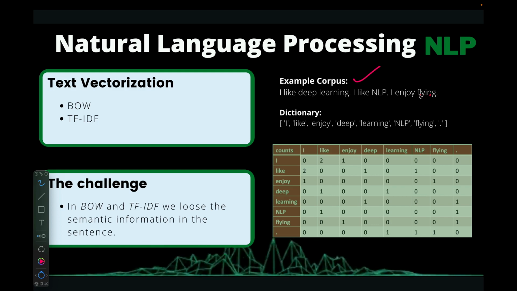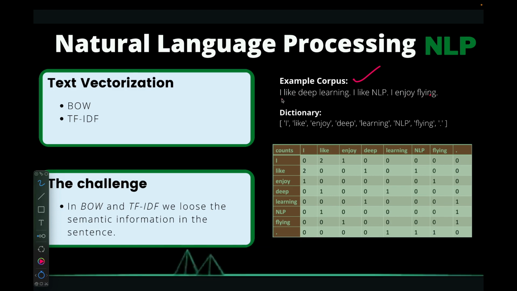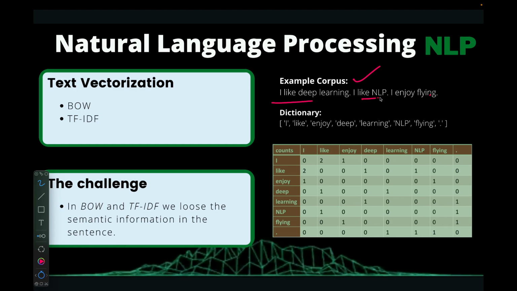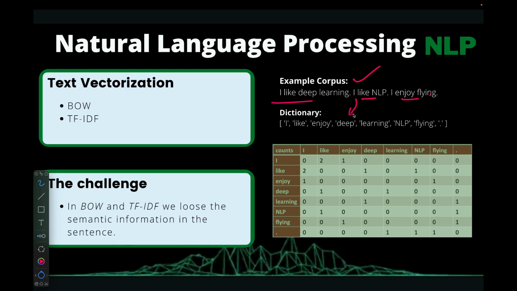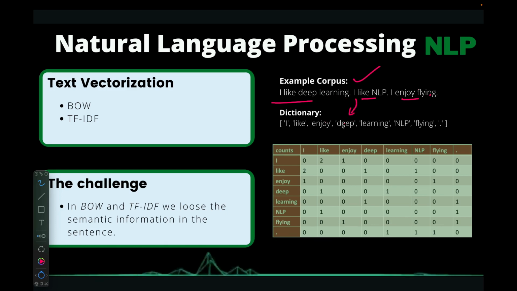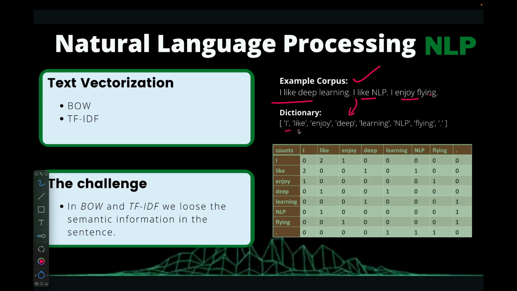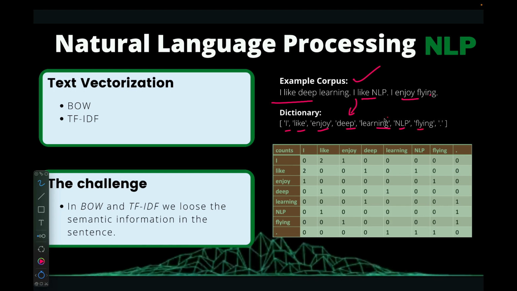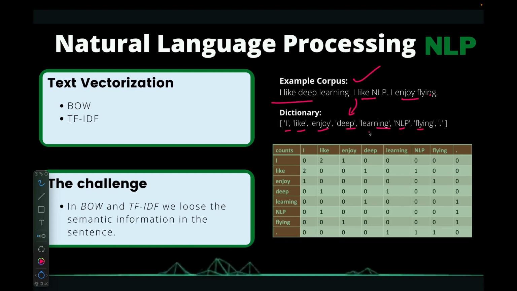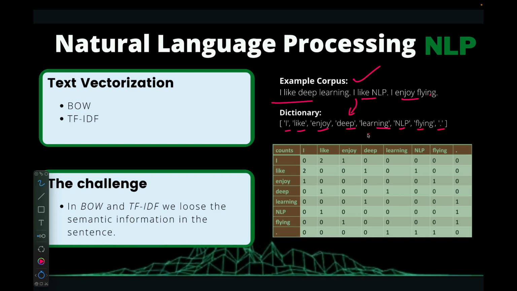I enjoy flying." That's three sentences. If you tokenize this corpus, "I" will be on its own, "like" on its own, "enjoy," "deep," "learning," "NLP," "flying" will be on their own, and the dot, of course, will be on its own.